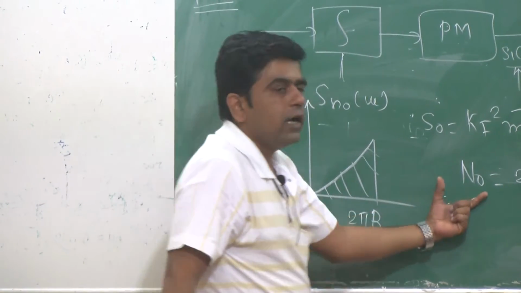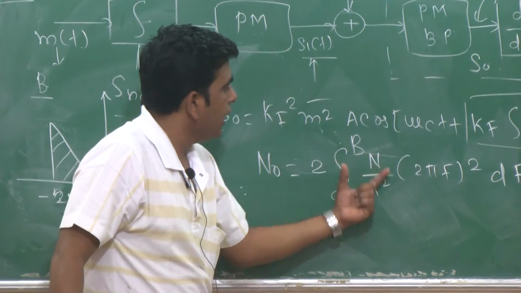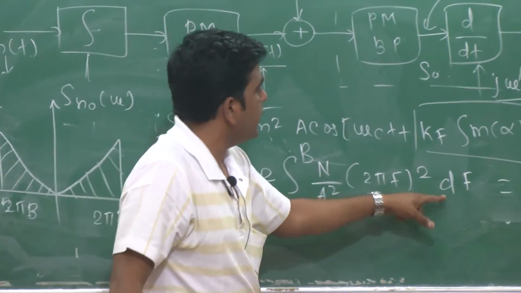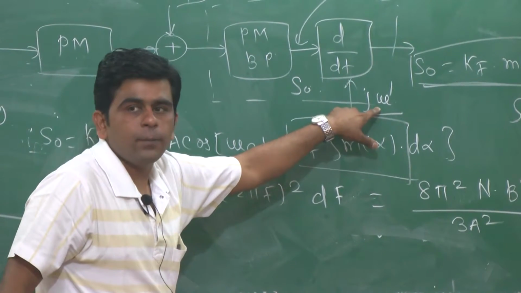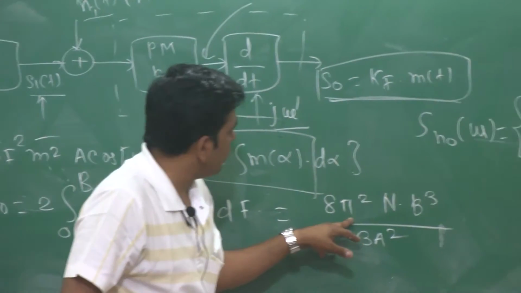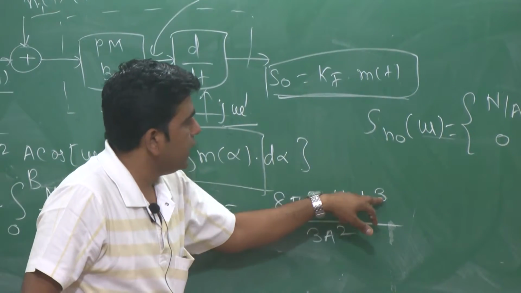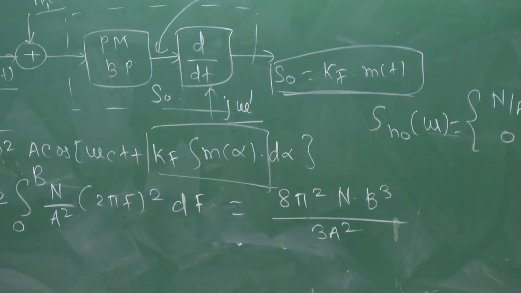So the average power of this noise is given as 2 into integration from 0 to B of n by a square into 2 pi f square into df. Here 2 pi f is nothing but j omega, the transfer function. So it is equal to 8 pi square n B cube divided by 3 A square.